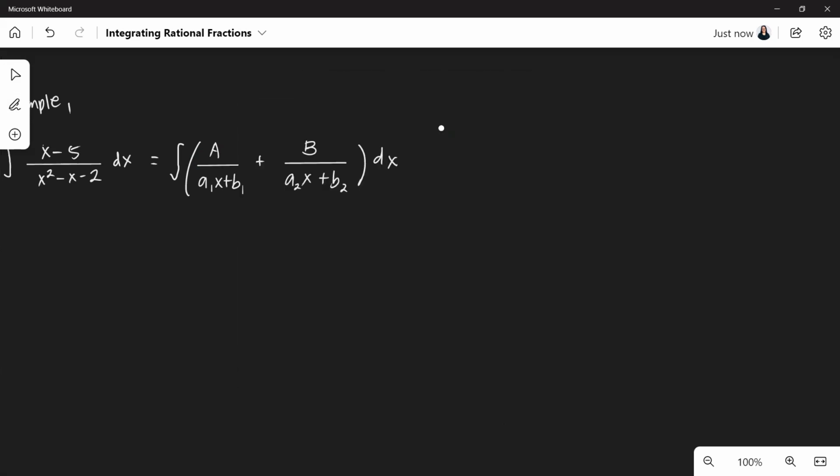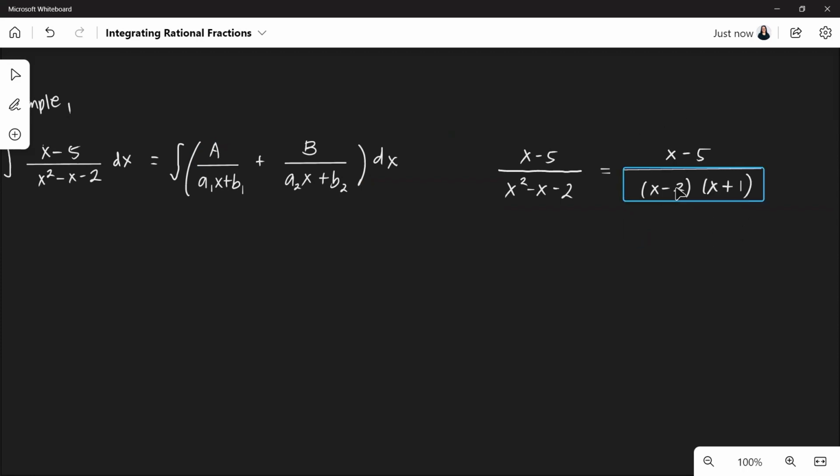Let's remove first the integral sign and just focus on the resolving method of this fraction. Again, we need to factor out x squared minus x minus 2. It's factorable: we have x minus 2 and x plus 1 for its factors. So two linear factors, meaning two partial fractions.